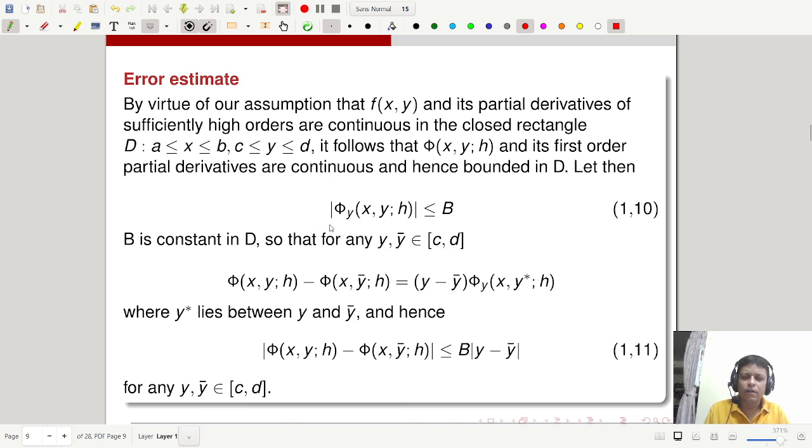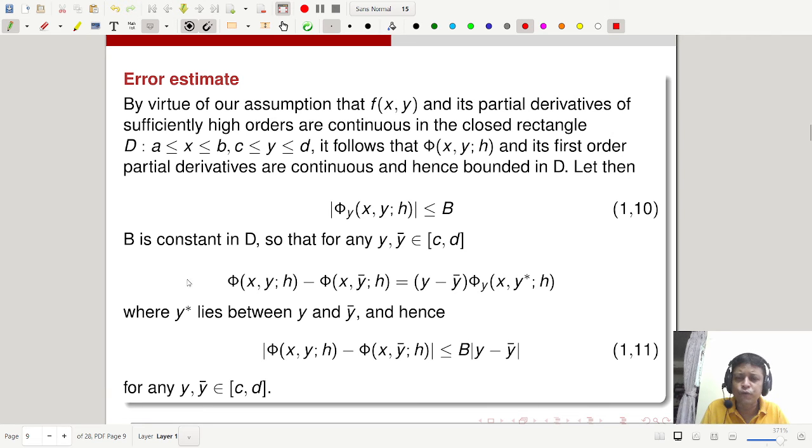Let the partial derivative with respect to y, phi_y(x, y, h), satisfy modulus less than or equal to B, where B is a constant in D, this closed rectangle, so that for y, y bar belonging to D, phi(x, y, h) minus phi(x, y bar, h) equals, if you take the difference of the exact and the computed, (y minus y bar) phi_y(x, y star, h).